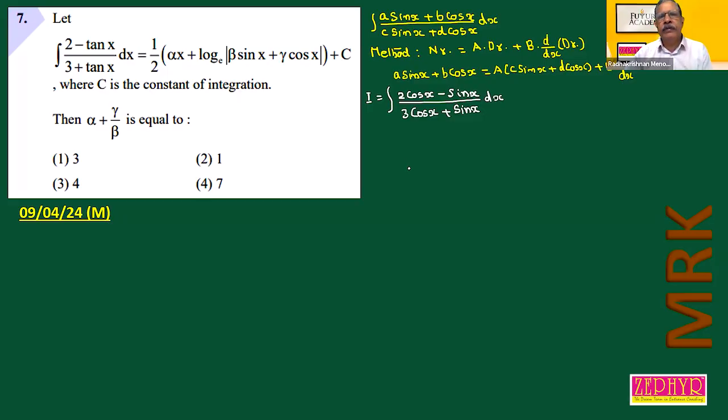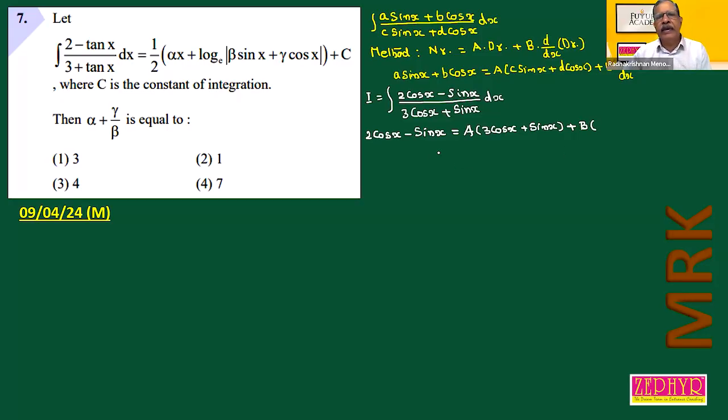So how can we do it? Numerator is 2 cos x minus sin x. That is equal to A into denominator. What is the denominator? 3 cos x plus sin x. Plus B into derivative of the denominator.